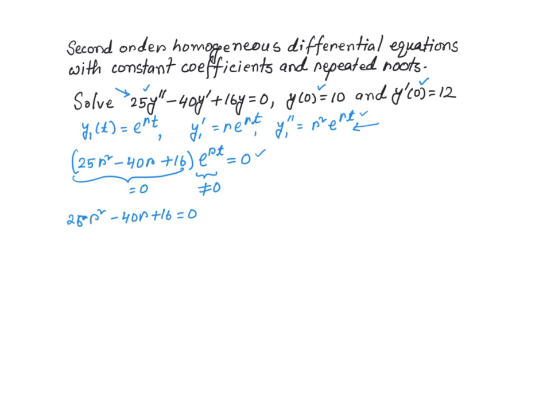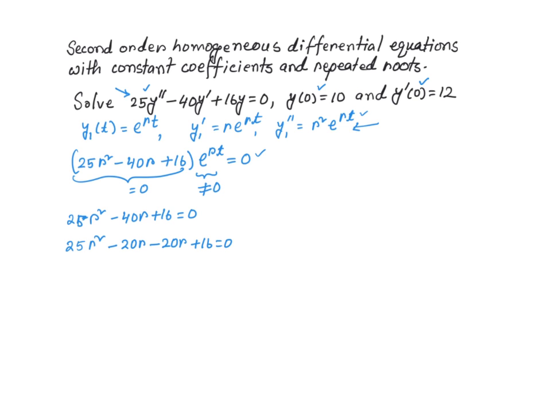Now I need to factor it. So 25r squared minus 40r, I need to break it down into two pieces. As it turns out, I could just write negative 40r as negative 20r minus 20r, then plus 16 is equal to 0.